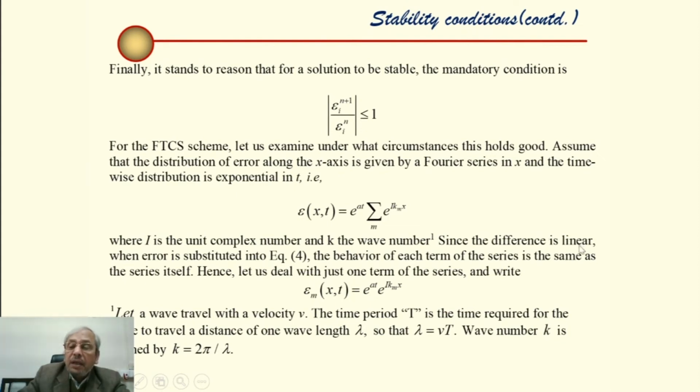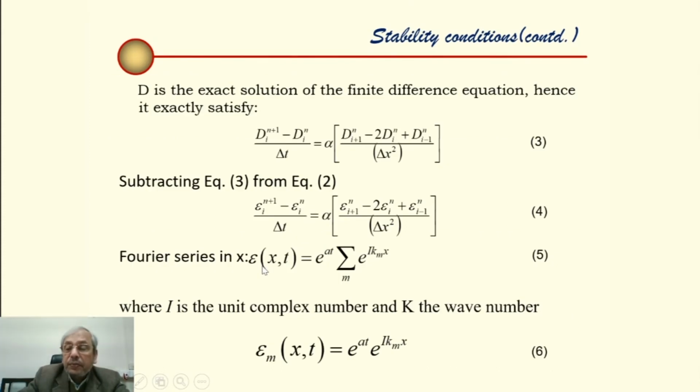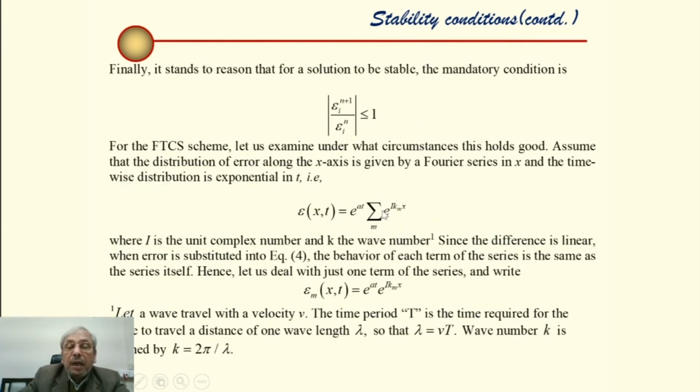Since the difference equation is linear, when the error is substituted in equation 4, that means this equation in error, the behavior of each term of the series is the same as the series itself.